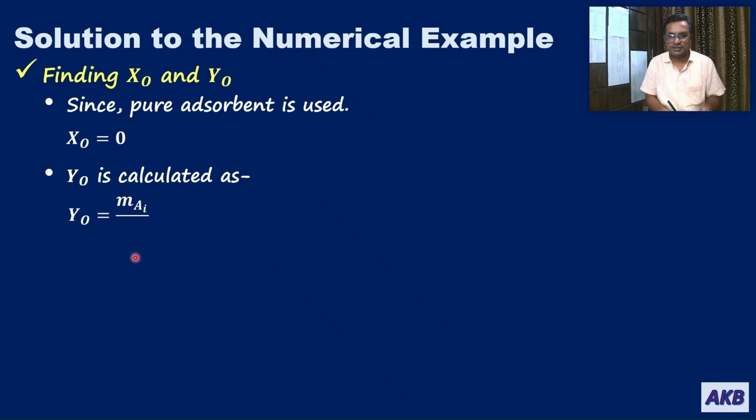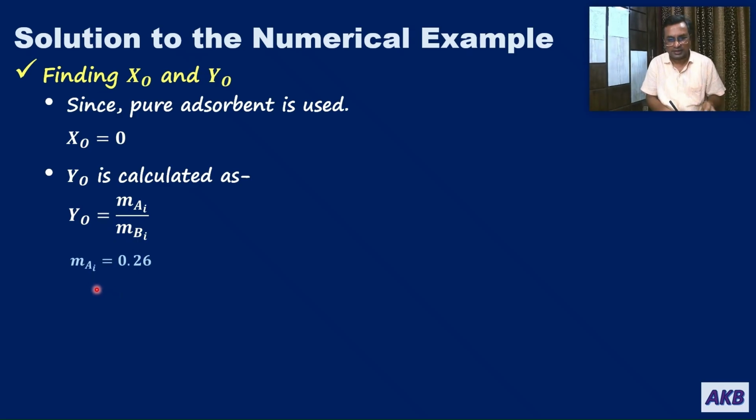If you have not yet seen those videos, please watch them. Y0 is calculated in this way. This is simply the initial mass of A divided by the initial mass of B. This is the weight fraction of A on an A-free basis initially. Again, I have discussed this in my previous video. So capital Y0, we are going to calculate by this simple formula, MAI divided by MBI.